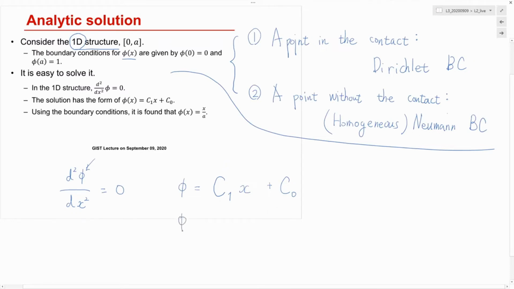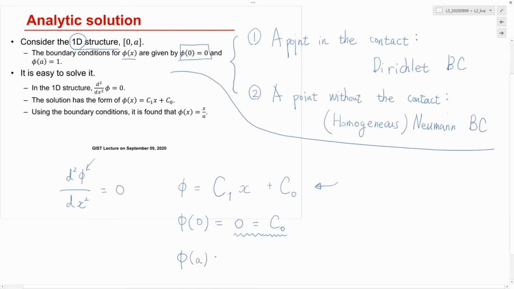For example, if we introduce x equal to 0, in this case, according to our boundary condition, phi should be 0. And when we consider the testing form C1x plus C0, then when we insert x equal 0, it becomes just C0. Therefore, C0 is also 0.